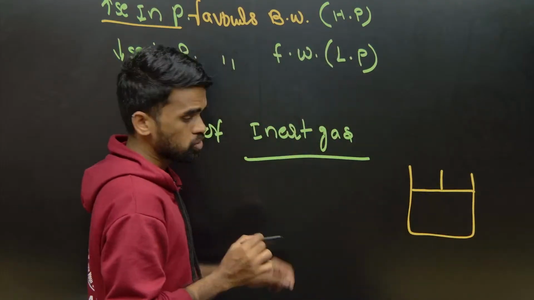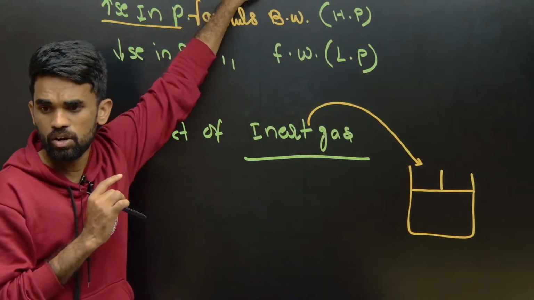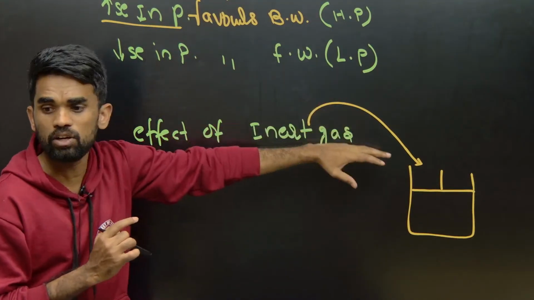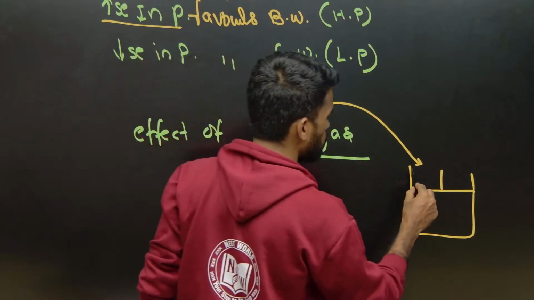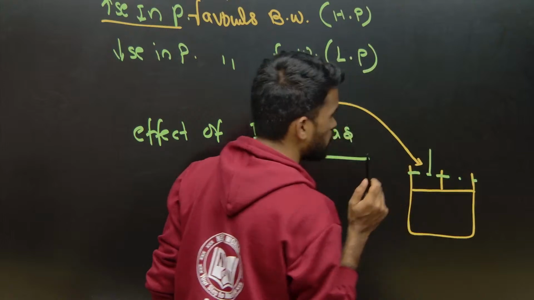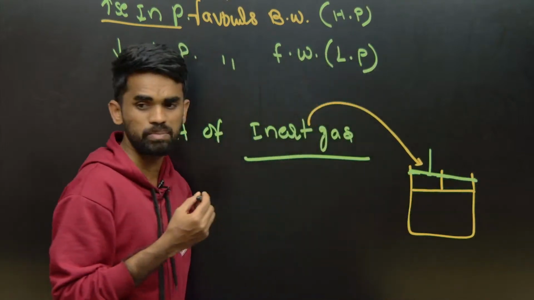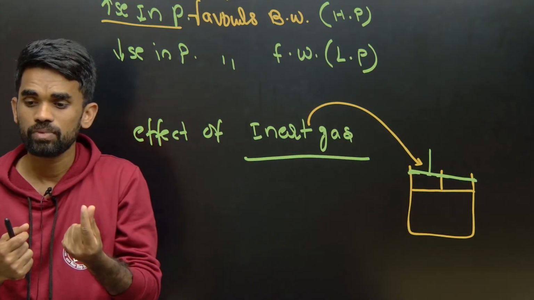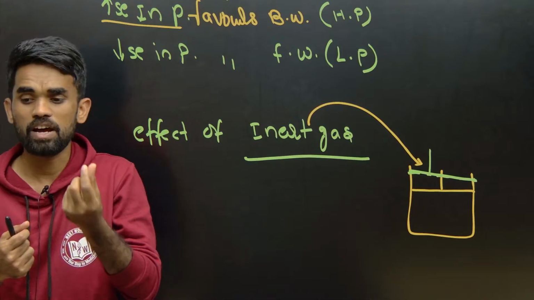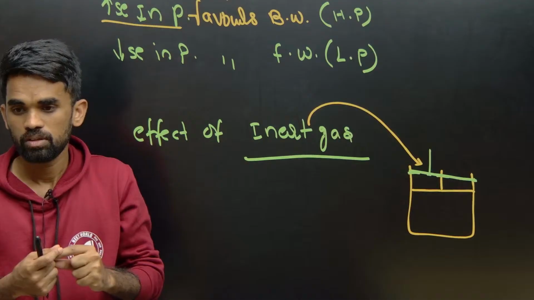By addition of inert gas, does the inert gas take part in the chemical reaction? No, it only dilutes the reaction and increases the volume. So the volume has increased, which means the number of moles of reacting species present in unit volume decreases.